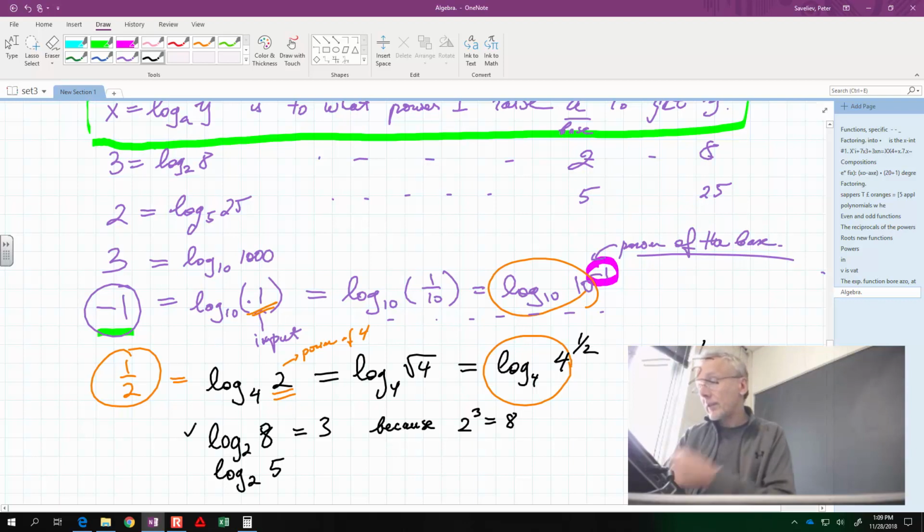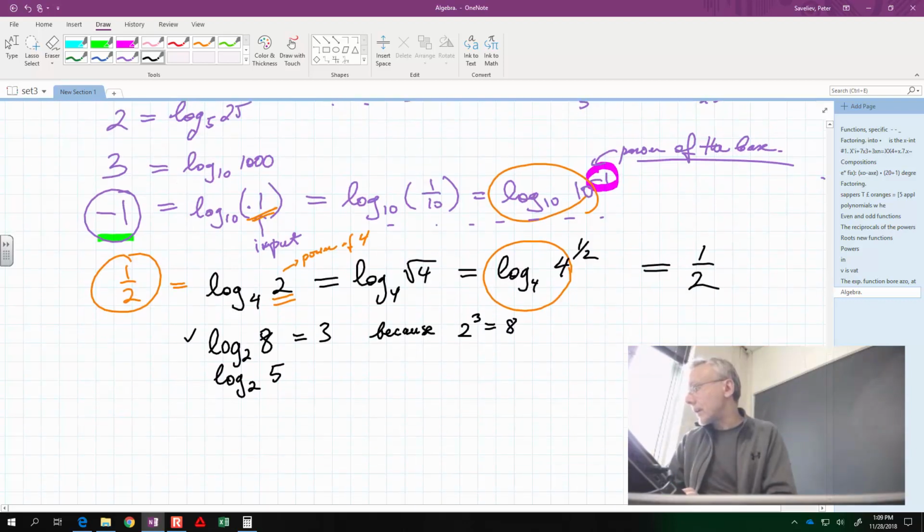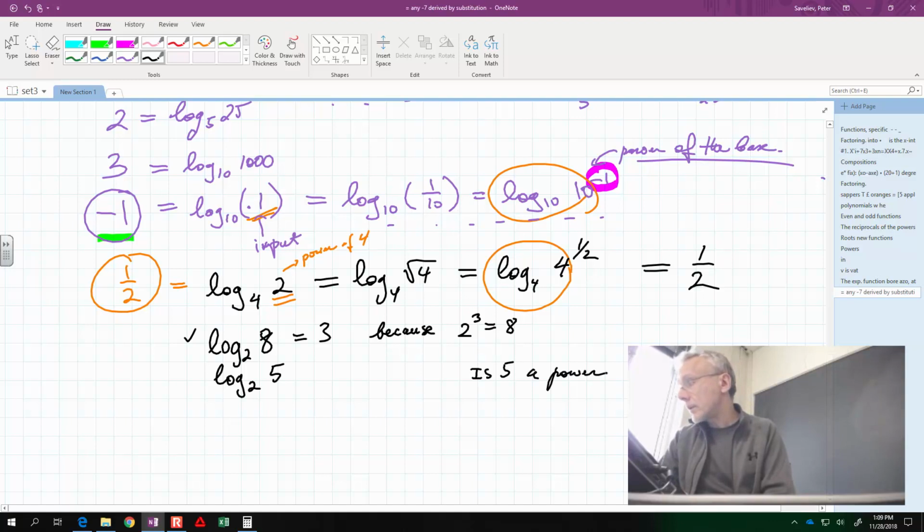What about the second line, the last line here? Try to express 5 as a power of 2. Is 5 a power of 2? It's not a power of 2 in the same sense as it's over here.